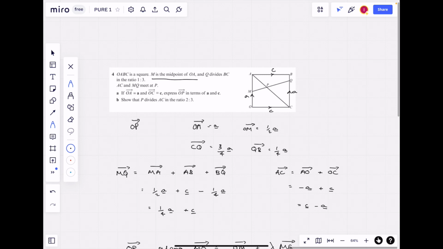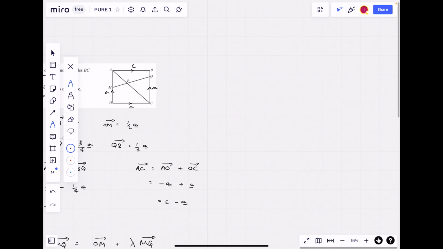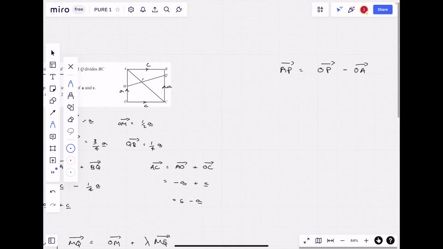Okay. In order to do that, let's express AP. AP is OP minus OA. Can you see that? AP is OP minus OA.